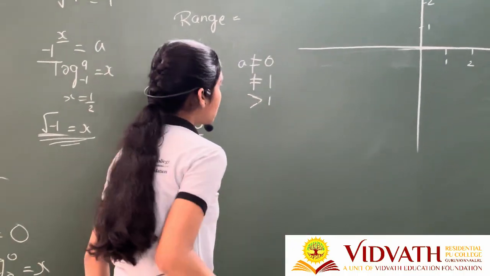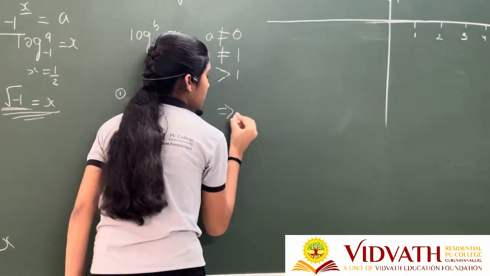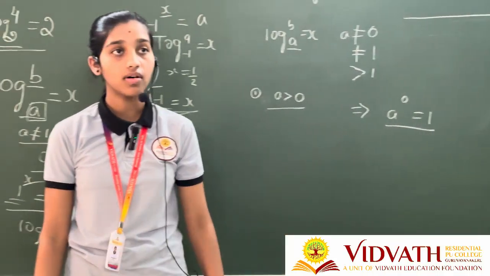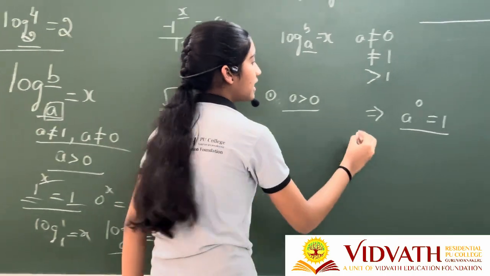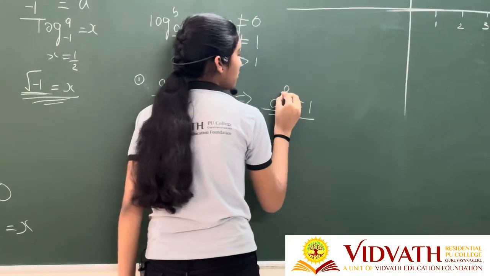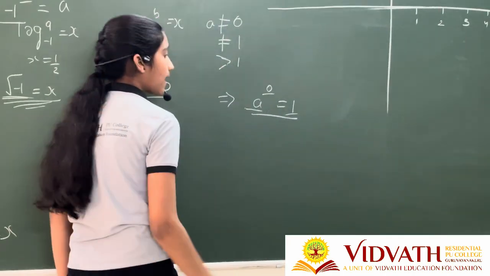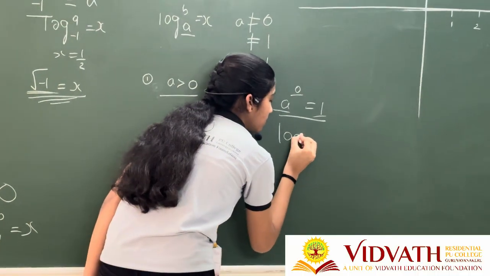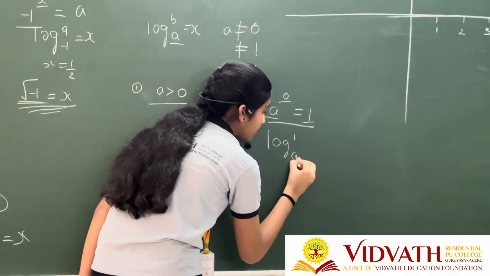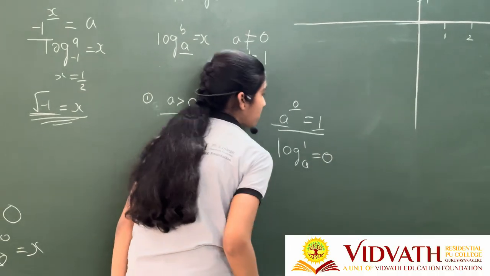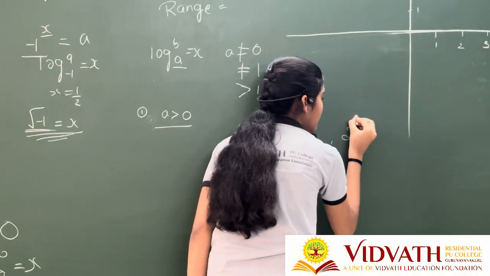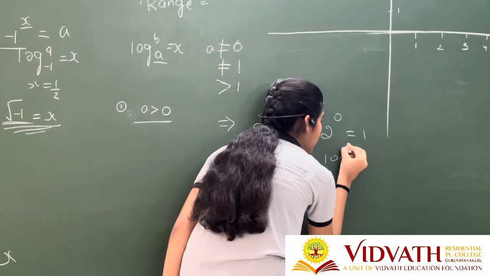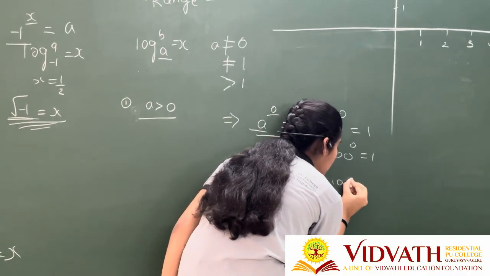And one thing, I think you all learned in 10th this expression. Yes or no? Let a be any number. Any number to the power 0 is always 1. Apply logarithm to this. 2 power 0, 100 power 0, 1000 power 0.